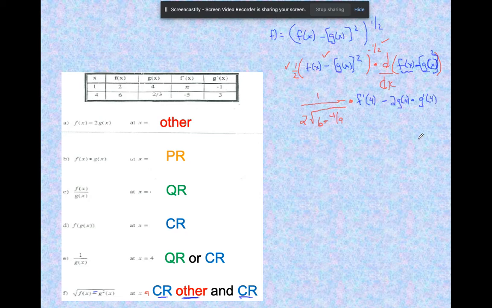So what do I have in my numerator? f prime of 4 is -5 minus 2 times g of 4, and g of 4 is what? 2/3, so that's going to be 4/3, right? 2/3 times 2 is 4/3, but that's times g prime of 4, and g prime of 4 is 3. Well, that's kind of nice because that goes away, right?